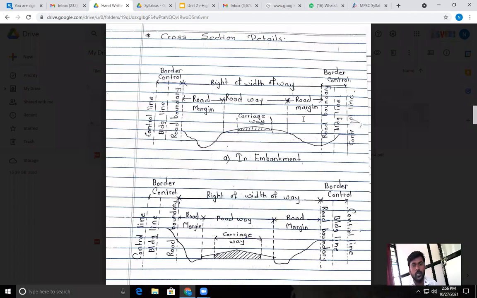You have just given the right of way, road margin. Add the boundary control as well in that figure that you have drawn in the first lecture of this chapter. Just simply add the boundary control line, take the screenshot, and afterward make the correction in that figure.